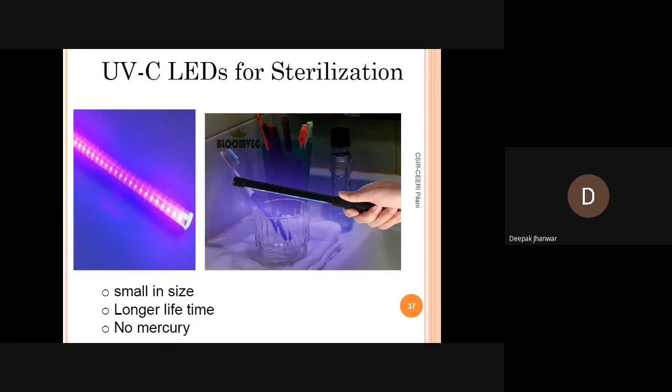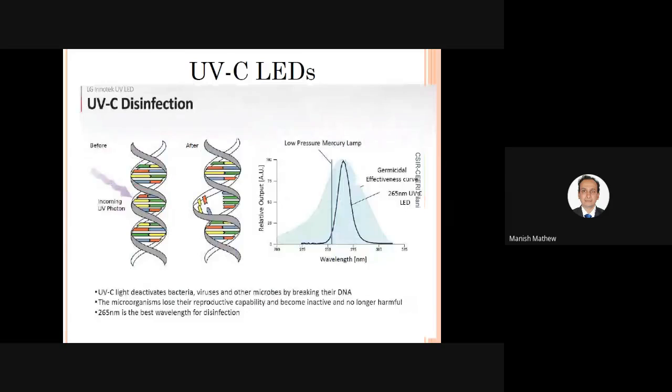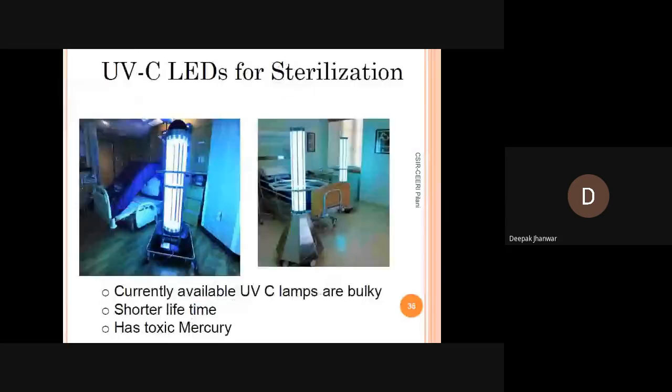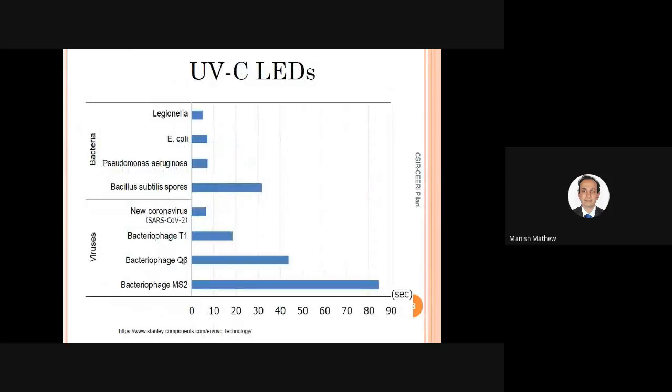Suppose at a particular wavelength, at 265 nanometer, here we have this coronavirus, SARS-CoV-2. Here it takes less than 10 seconds.